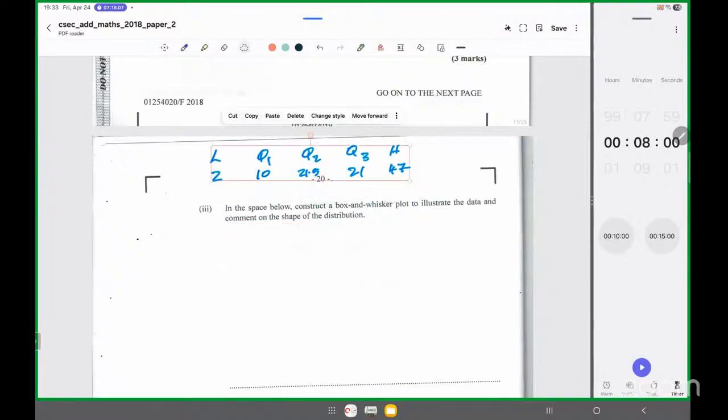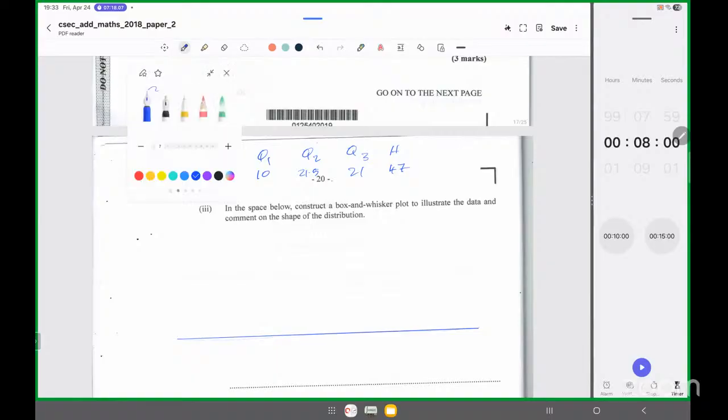First thing you need is a scale. You have to draw it to scale, like a line graph. So I'm going to draw a line out here and put a scale on it.